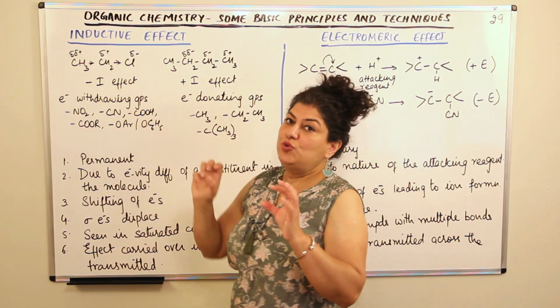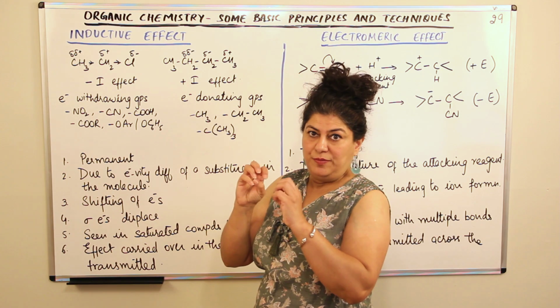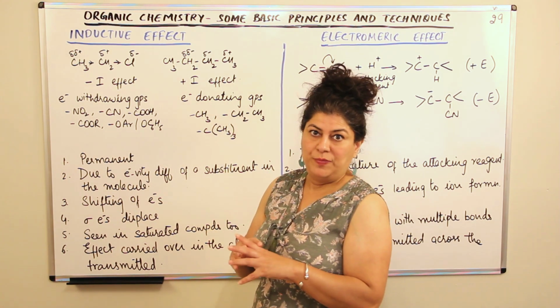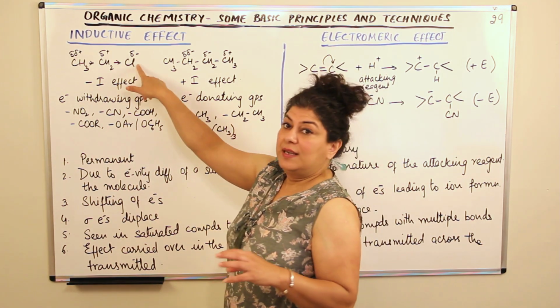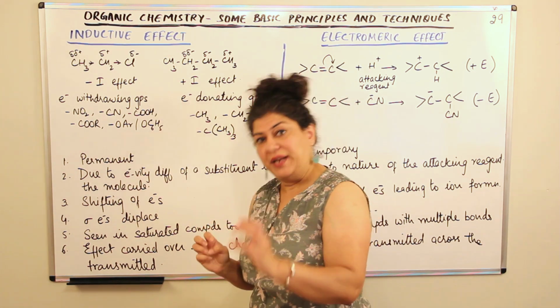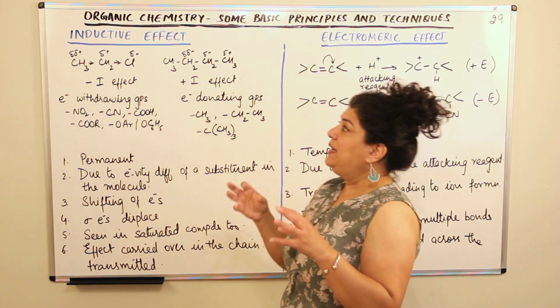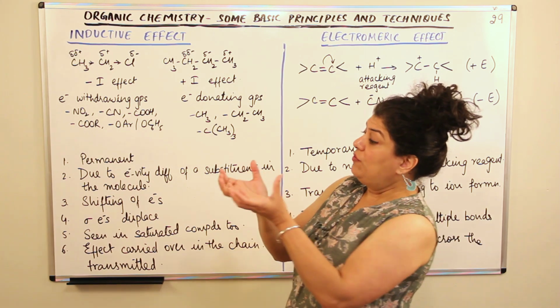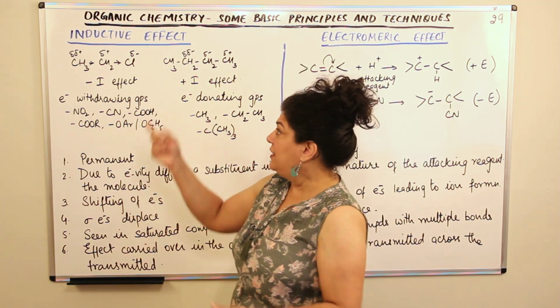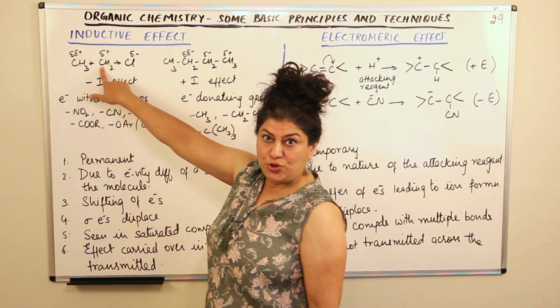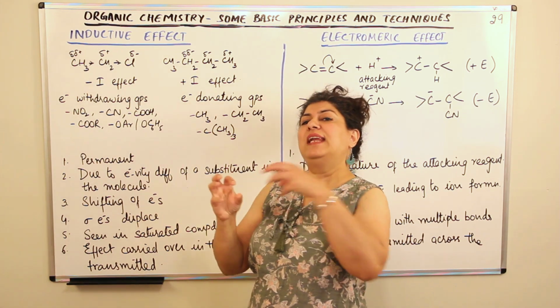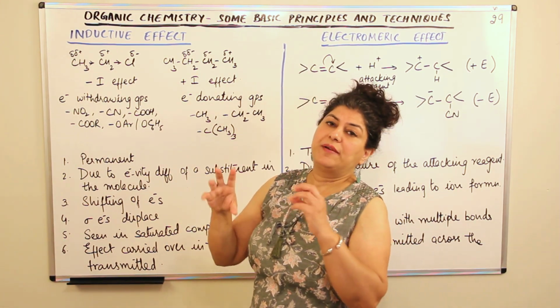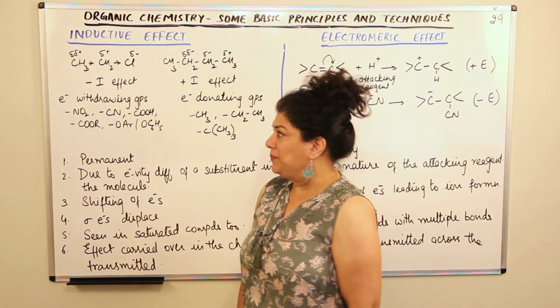Inductive effect is due to an atom which is present within the molecule. Now this atom can be a little more electronegative atom or group, could be having an atom or a group which has more negativity than the carbon attached to it, or it may have less electronegativity in comparison to the atom that is attached to it.